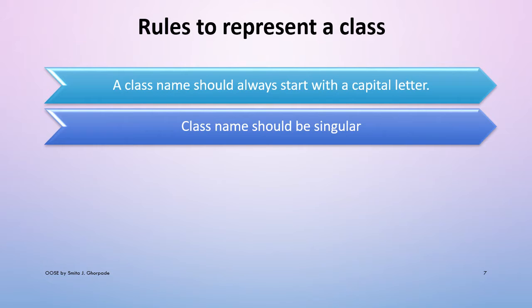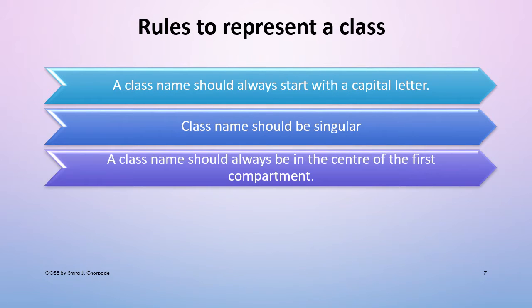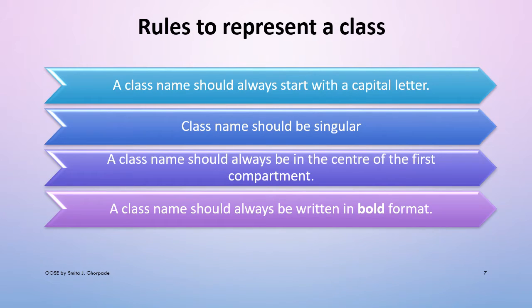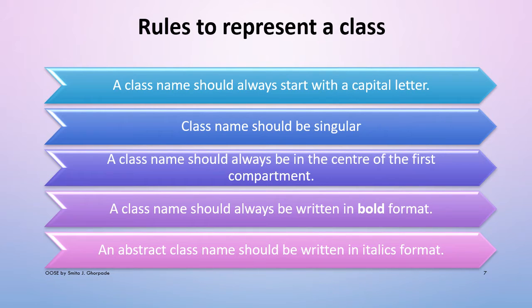The class name should always be singular, not plural. A class name should always be in the center of the first compartment, means its alignment should be center alignment. The class name should always be written in bold format. An abstract class name should be written in italic format.